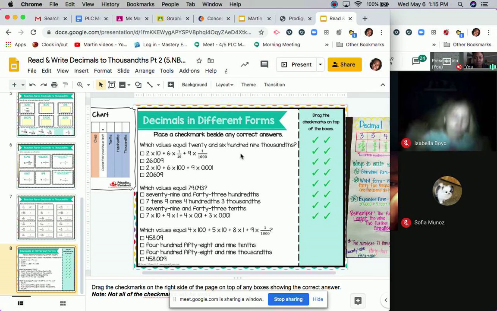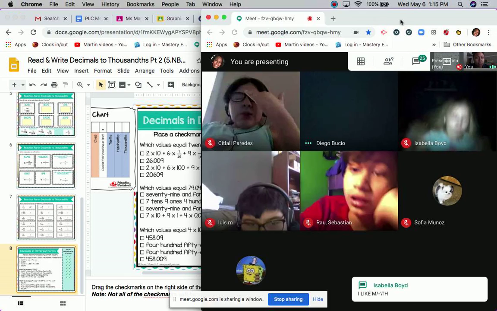609 thousandths? Okay? So what I would suggest is either find first the standard form, because then you can look and compare it to the other forms, okay? So our standard form, I'm glad you like math, Isabella.